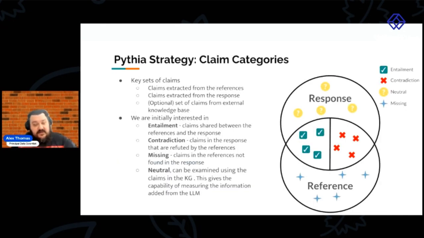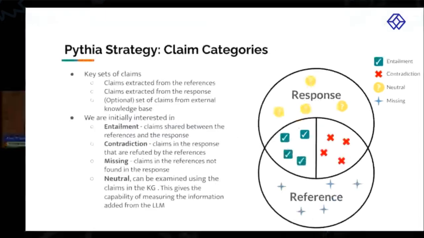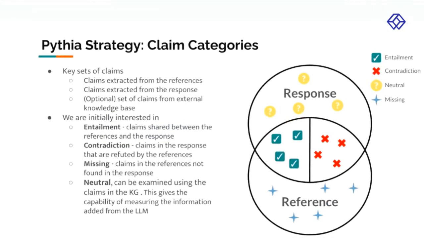So once we have these claims, we want to classify them. We want to categorize them. So the idea is that we have the reference, to which we assign a certain level of confidence that it's correct, and we have the response, which is a summary or an answer that we're generating. Entailment is claims that we can match between them and they agree with each other.